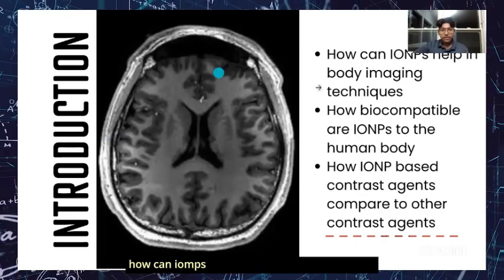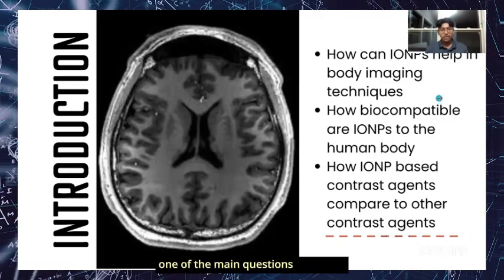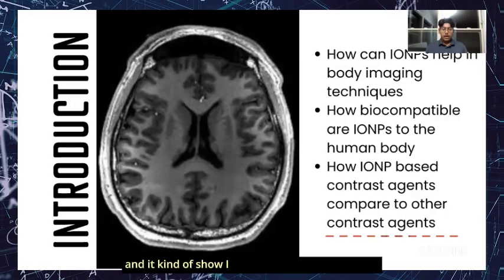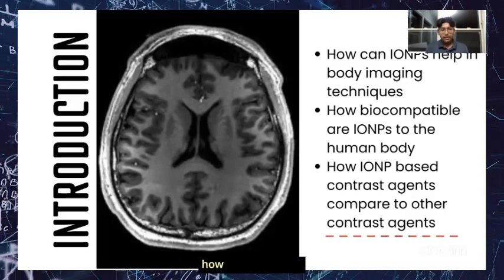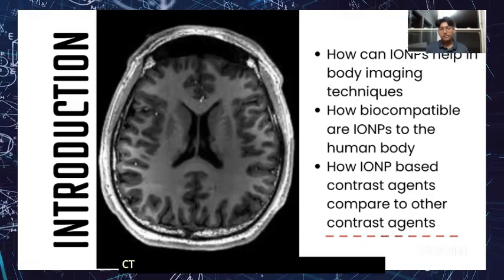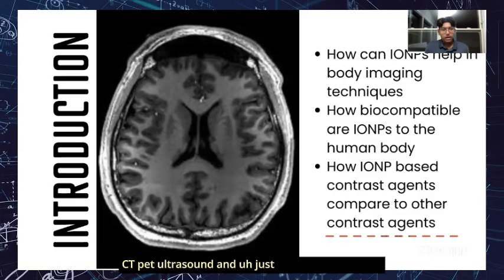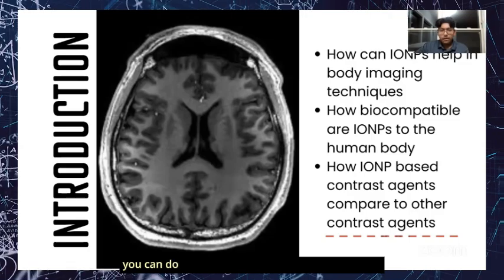How can IONPs help in body imaging techniques? This was one of the main questions that I had, and I used it to figure out how they can help MRI, CT, PET, ultrasound, and many other things.